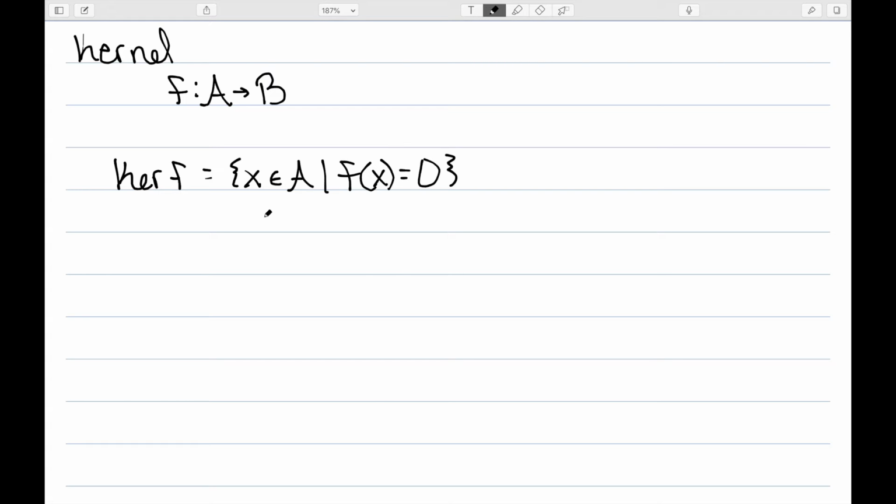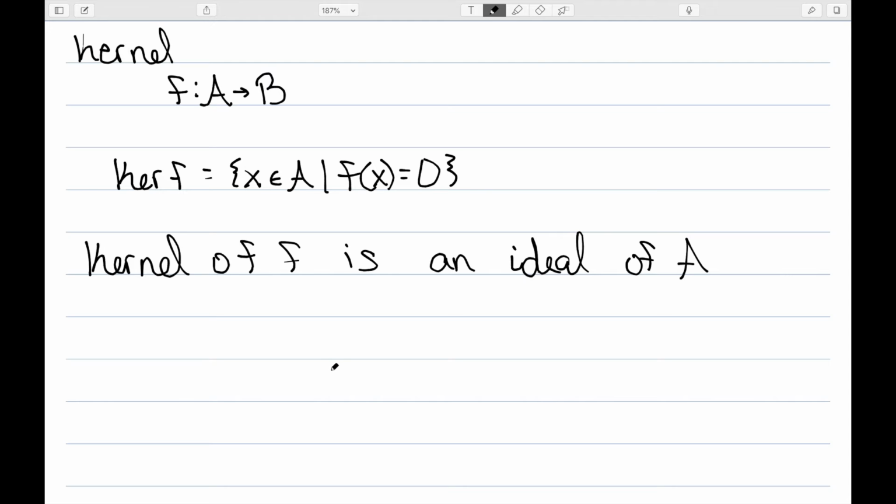This is very similar to the kernel of a group homomorphism. And it's actually a very important fact that the kernel of f is an ideal of A. So let's show that this is true really quickly.